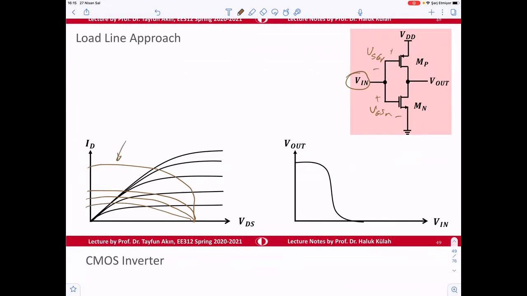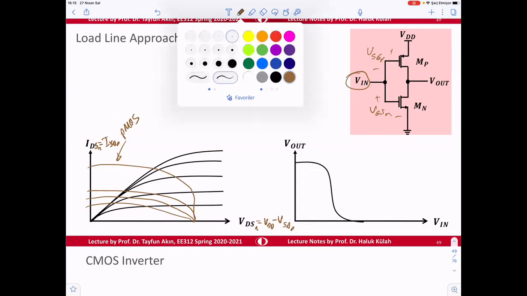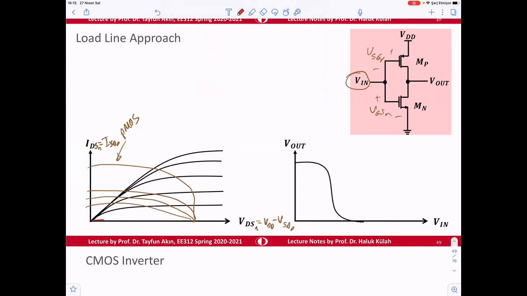So these are going to be for PMOS. This is going to be drain to source of N, which will be equal to I source to drain of P. And this will be VDD minus V source to drain of P. So for each value of Vin, we will be using this one. For example, for this value of Vin, we will be using the corresponding graph.